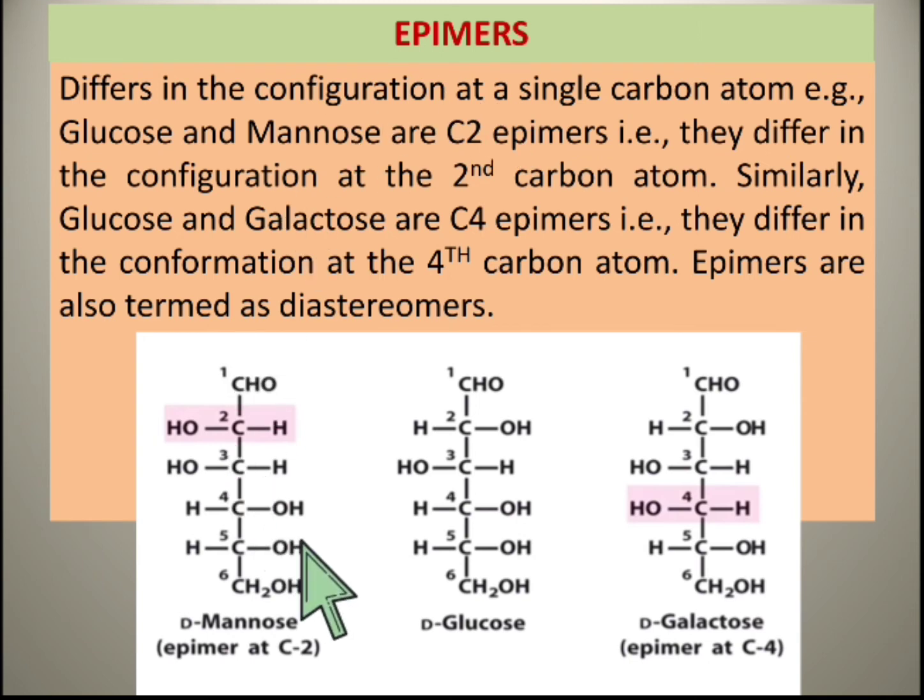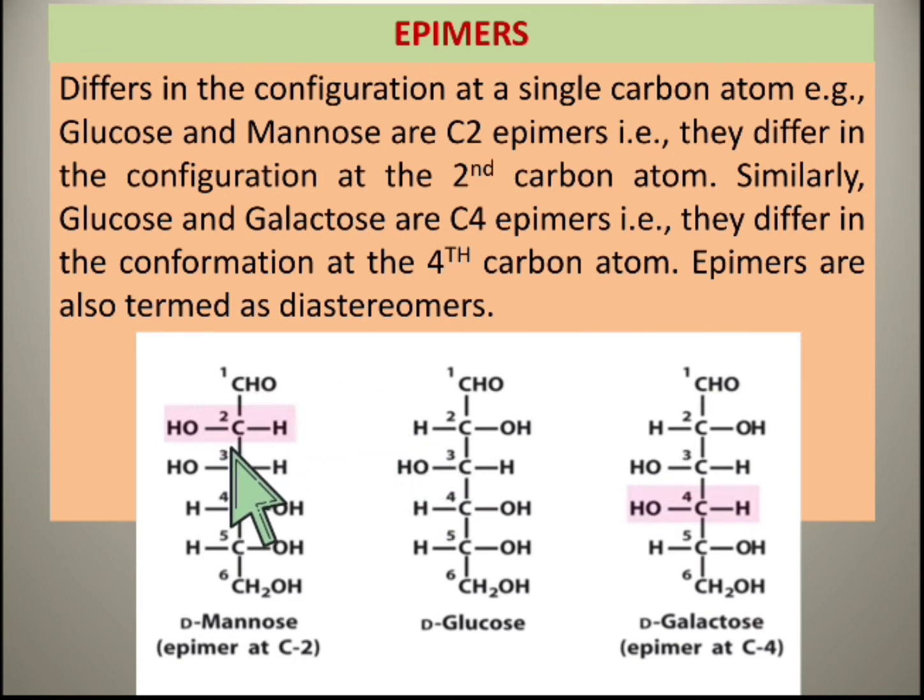For example, if you take a look at glucose and mannose here, everything is the same from carbon number 1 till number 6. It's the same except in carbon number 2, where in glucose the OH group is on the right and the hydrogen is on the left.